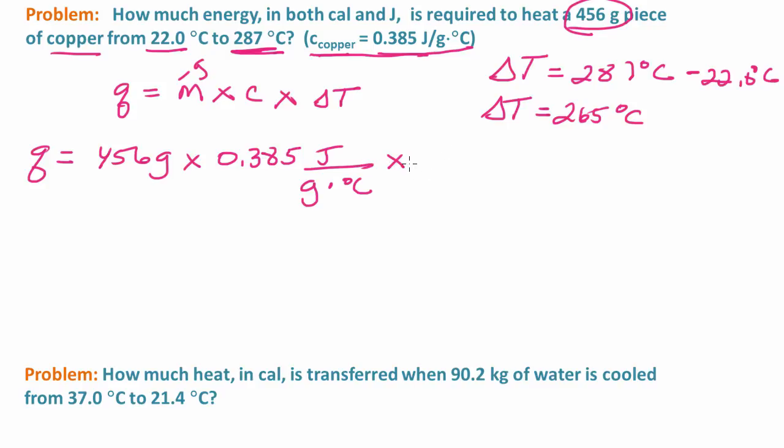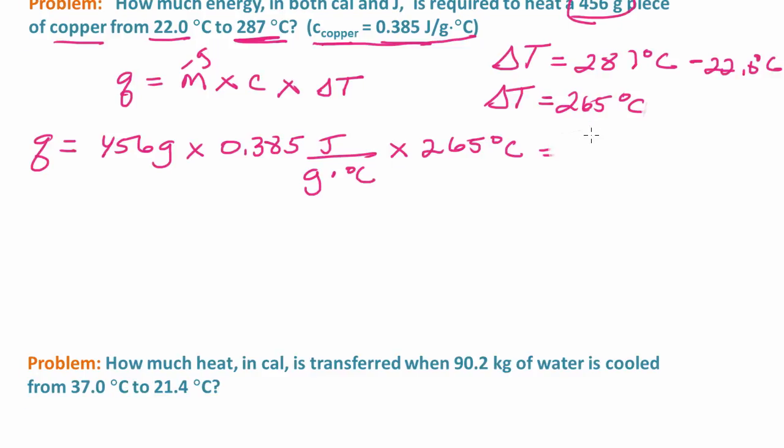And multiply that by delta T. And let's see what we get here. 456 times 0.385 times 265. I get 47,442 joules.